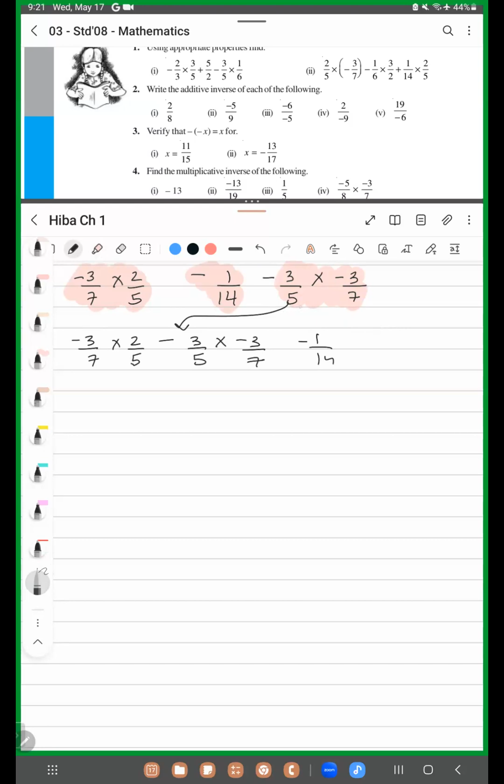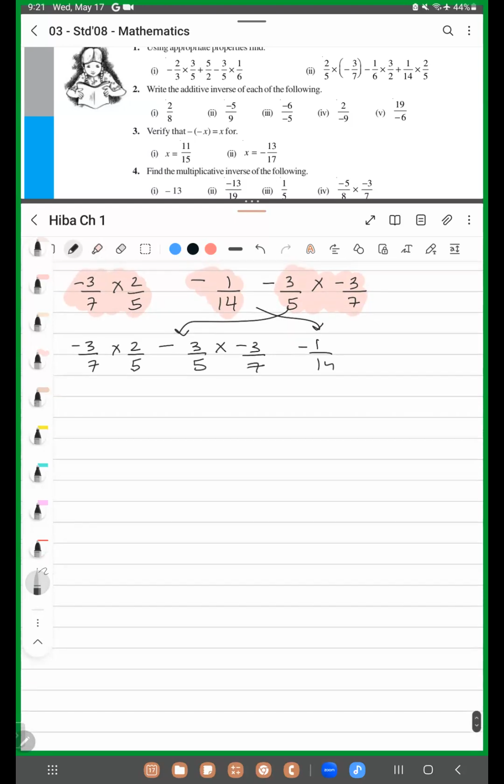We take that as common. What is common here? -3/7. Okay, cool, we took -3/7 as common. Now tell me what remains after taking -3/7 common?